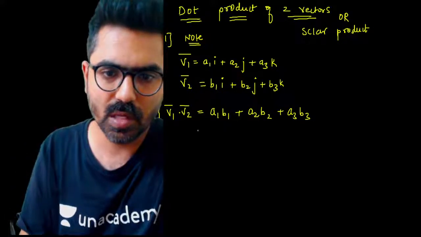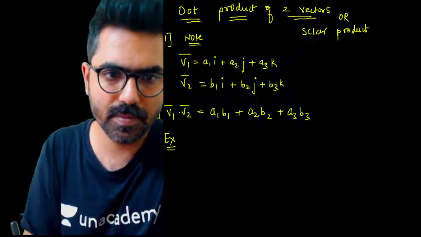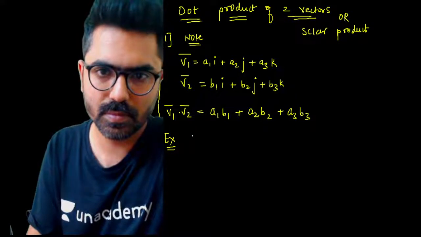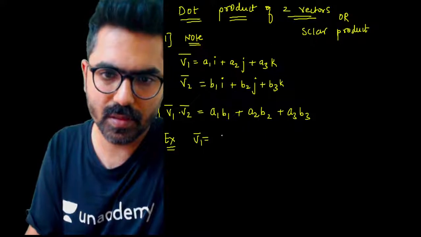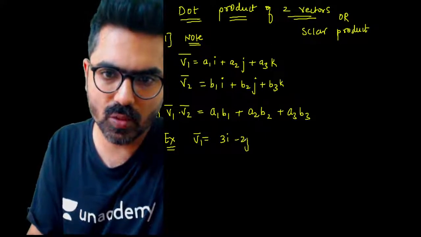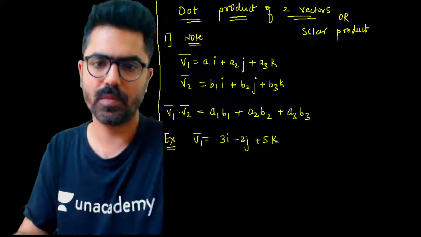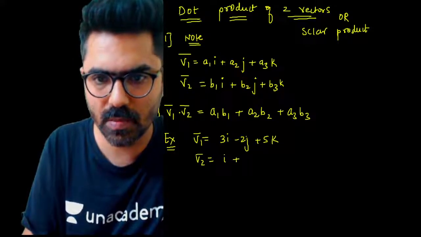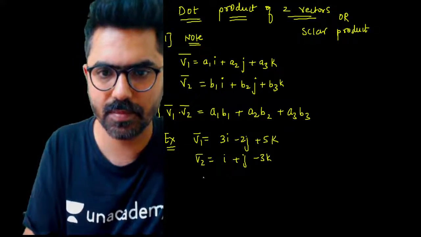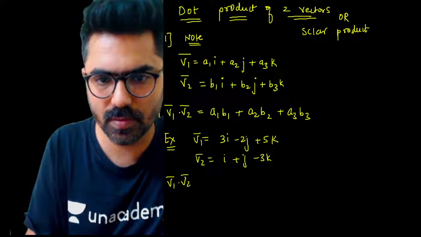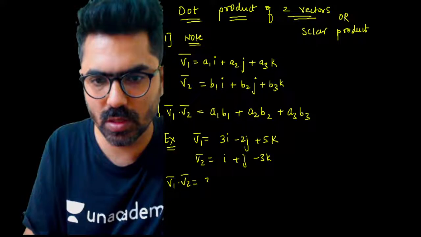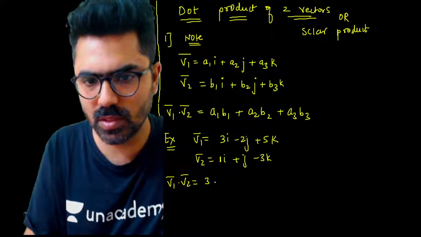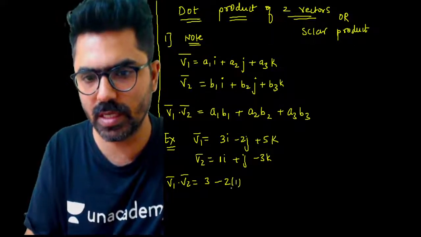Okay. Now let's take an example. v1 vector is 3i minus 2j plus 5k. Okay, and the other vector v2 is i plus j minus 3k. So let's write v1 dot v2. 3i into i is what? 3, because here it is 1, then minus 2j plus j, it is minus 2 into 1, let's write it.